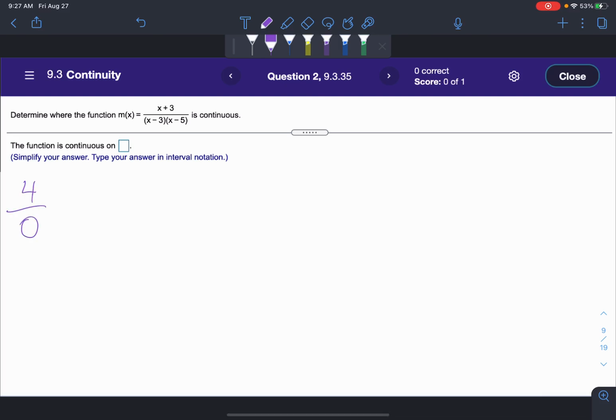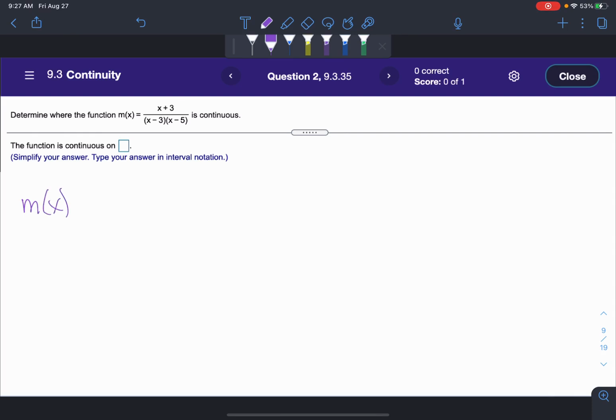I can't do 4 divided by 0, negative 10 divided by 0, not good. And so this problem creates potential places for discontinuity. So always be cautious when you see a rational function to be thinking about that divide by 0 problem and try to find those points where we can encounter that problem.